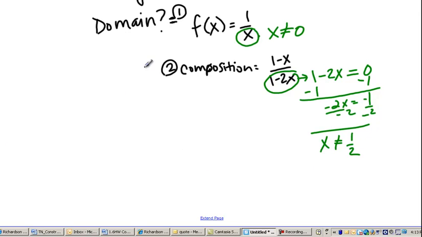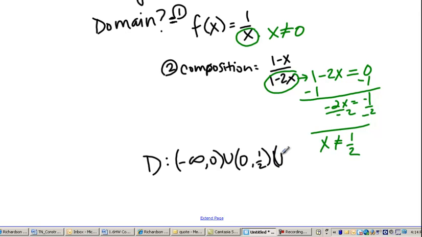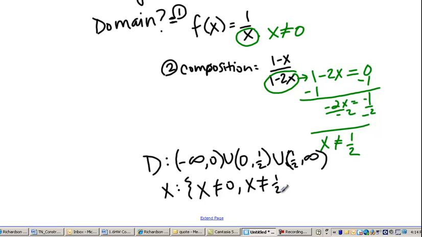So our domain in this equation is, a couple ways you can write it, which y'all are learning: negative infinity to 0, union 0 to 1/2, union 1/2 to infinity. That's going to annoy me. Let me change this real quick. Or for your homework, I'll accept x cannot equal 0 and x cannot equal 1/2. Okay?